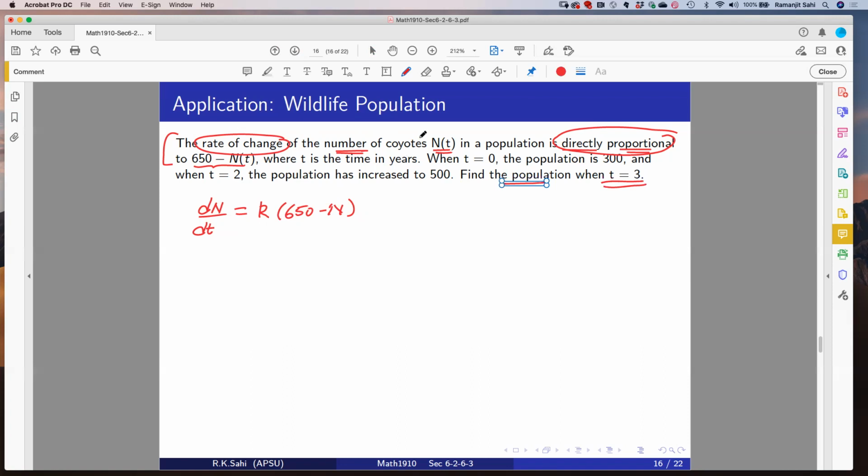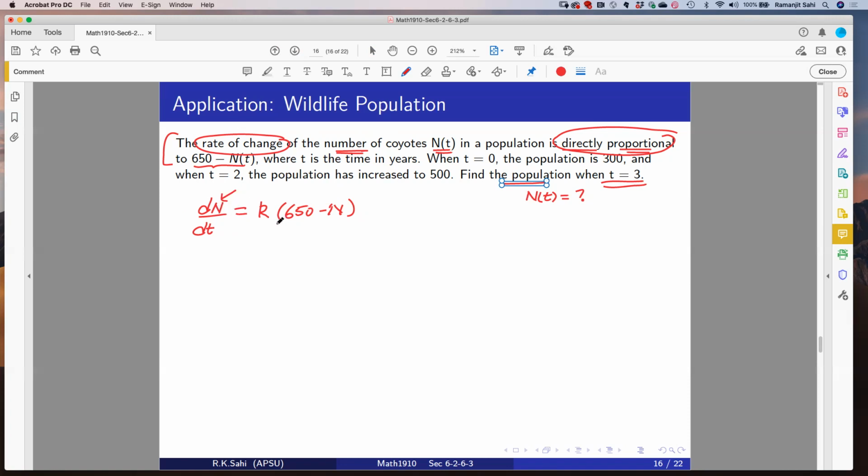To find this population, that means the population is the number of coyotes. I want to find n of t here. Remember, this n of t is the solution to this differential equation. So we have to first solve this differential equation.